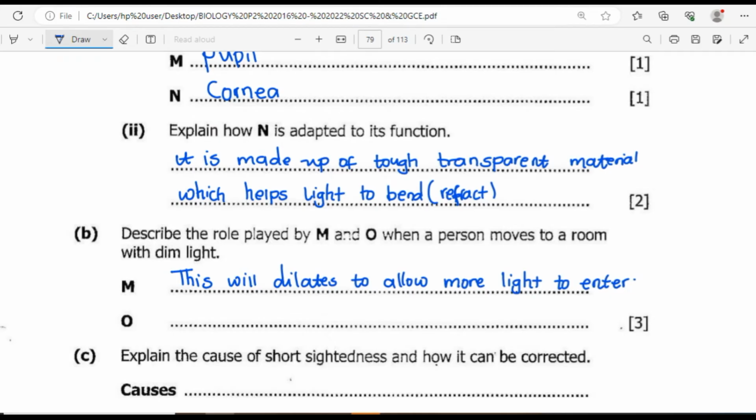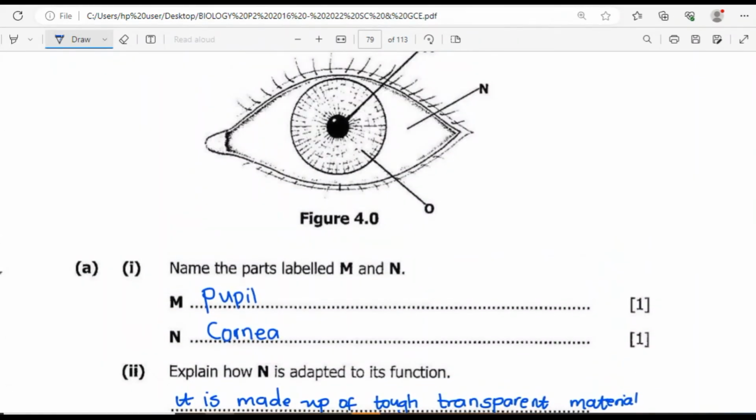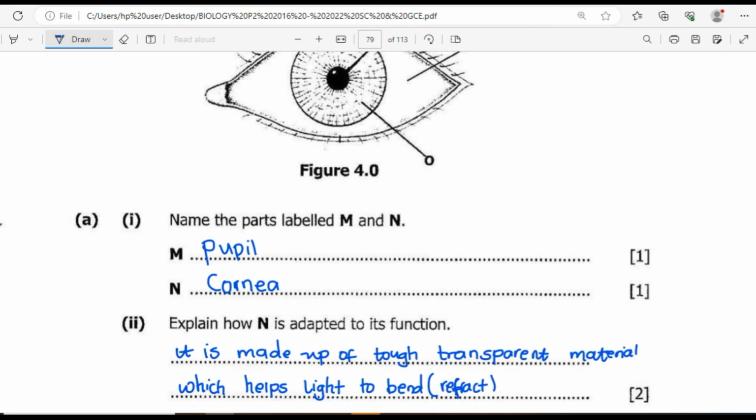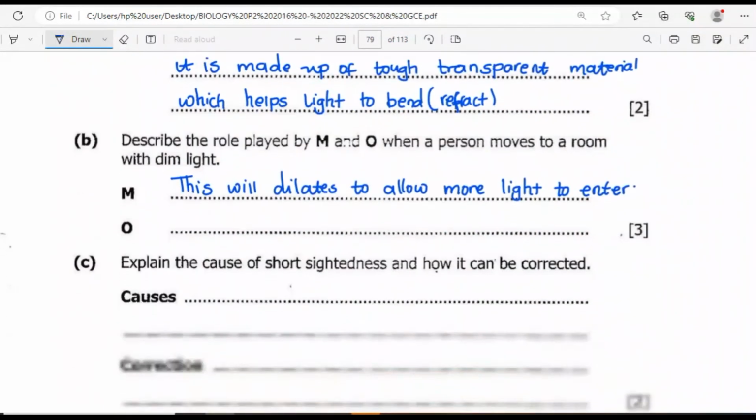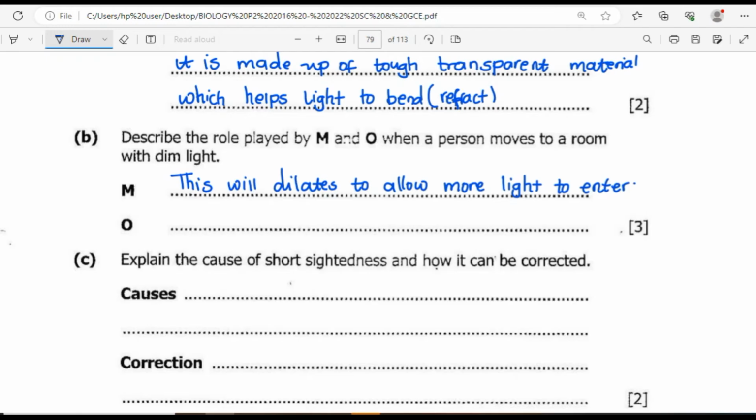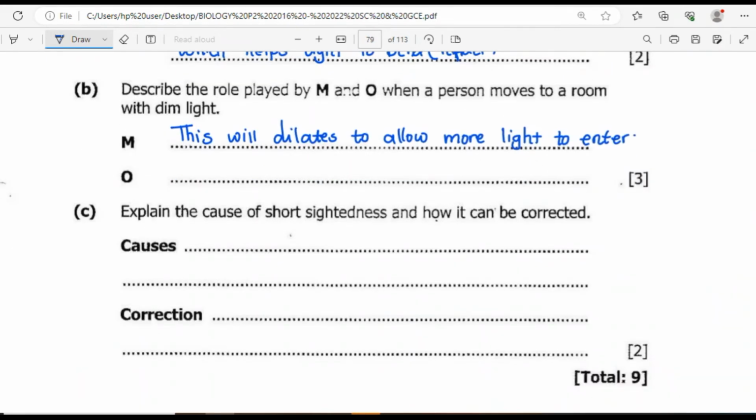Then O, let's go back. What's structure O? Structure O should be the iris. The iris contains two important muscles, the circular muscle and the radial muscle. These are the muscles responsible for changing the size of the pupil. Remember, the pupil changes its size depending on the amount of light that the eye is receiving.